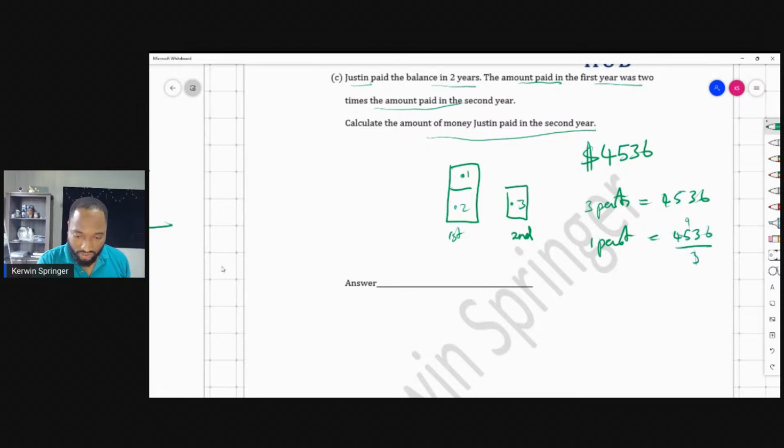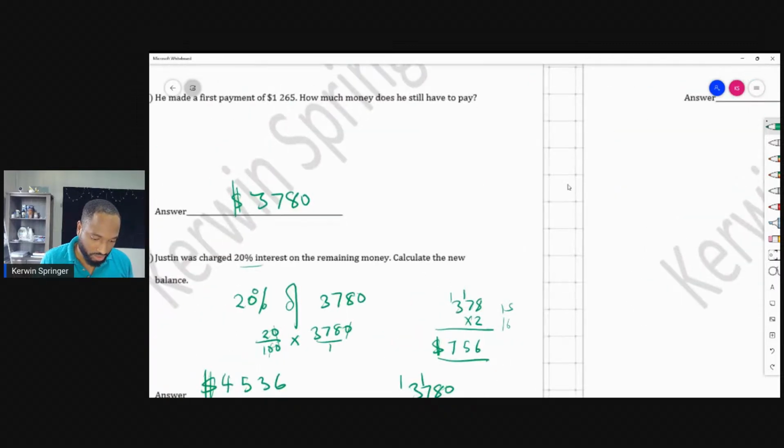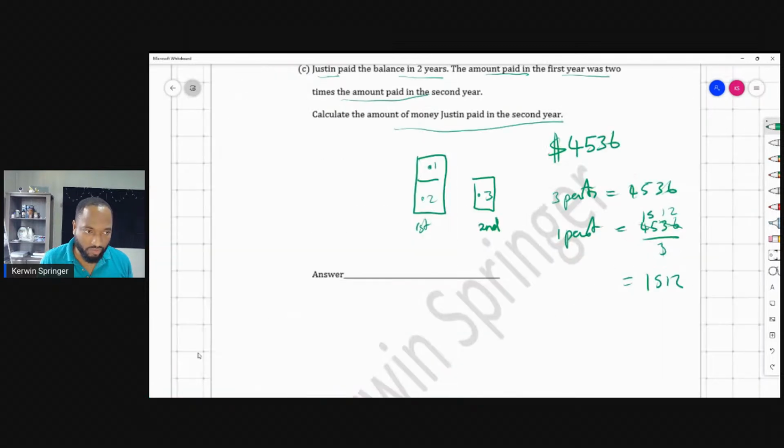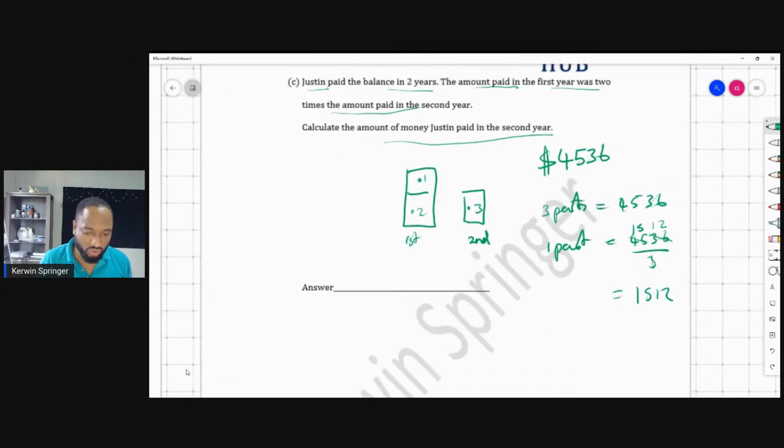3 could go into this 9, 3 could go into this 12. So you get 9, 12. Wrong. 3 could go into this 15. 3 could go into this 12. 1, 5, 1, 2. This was 6, right? Let me just double check and make sure that was 6. Yes. 1, 5, 1, 2.